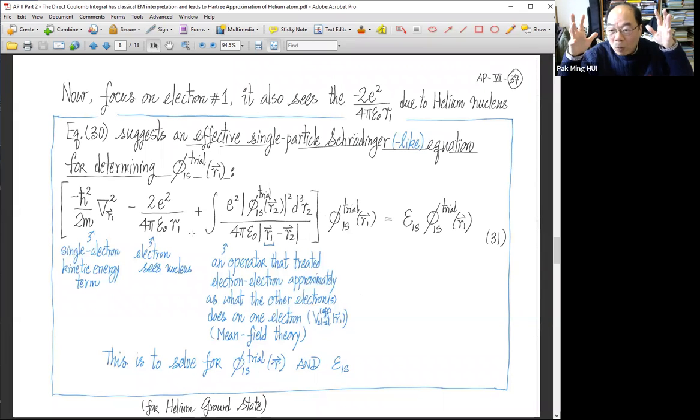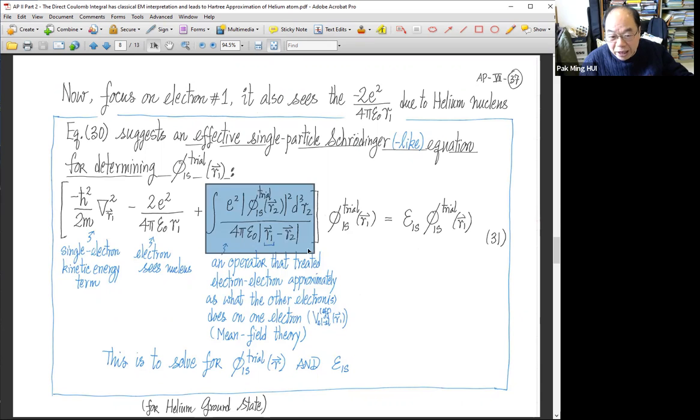So now we want to take into account, at least in an approximated way, the effect of electron number 2 on electron number 1. After seeing all these Coulomb integrals, we know what to do. Electron number 2 is providing such a potential energy on electron number 1. Notice that this is an integral over electron number 2's coordinate.